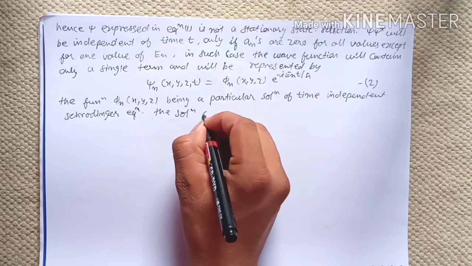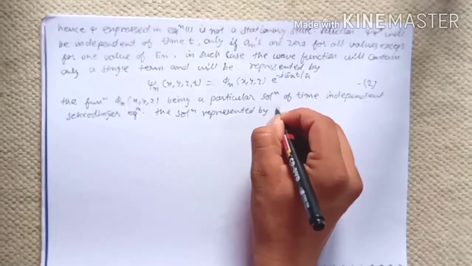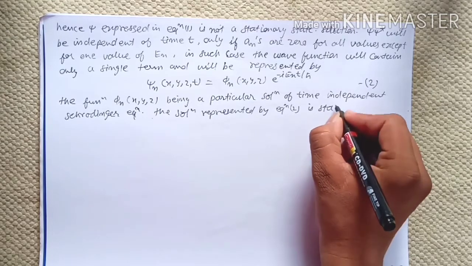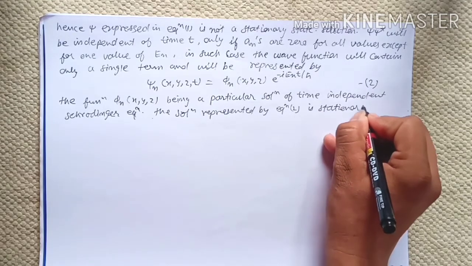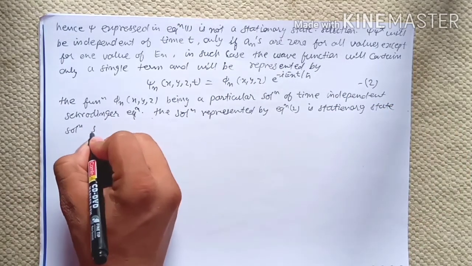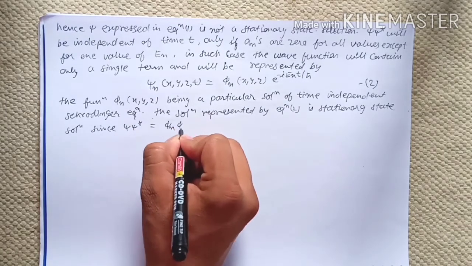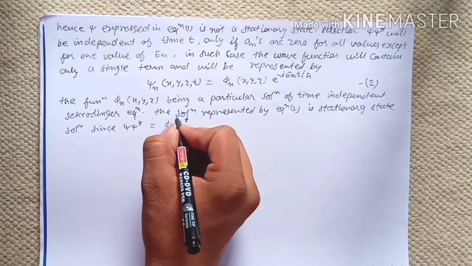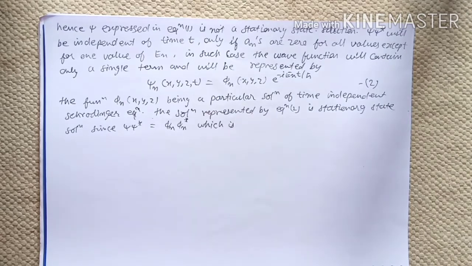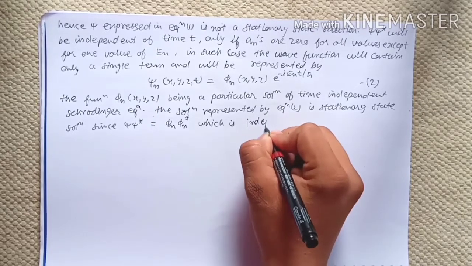The solution represented by equation 2 is stationary state since psi star psi is equal to phi n star phi n, which is independent of time.